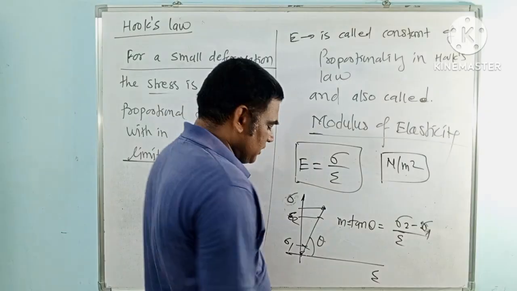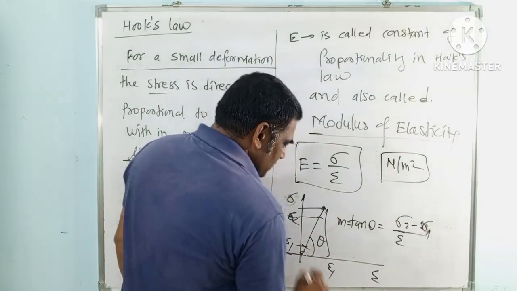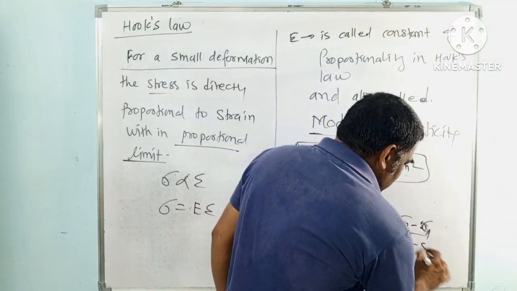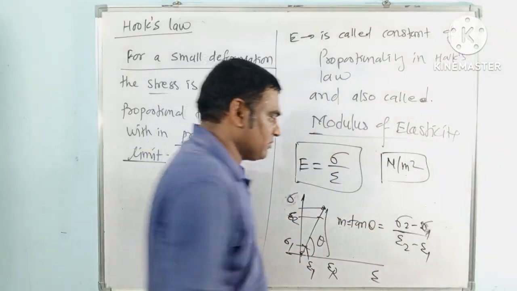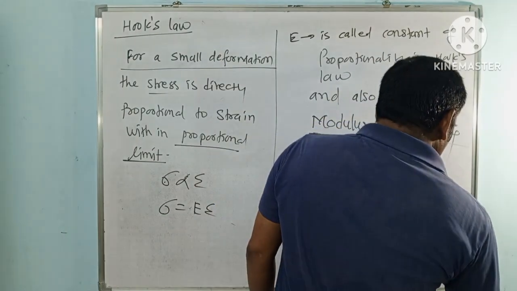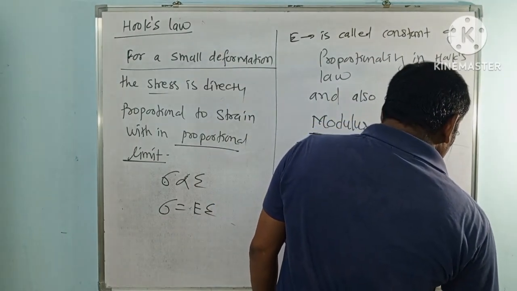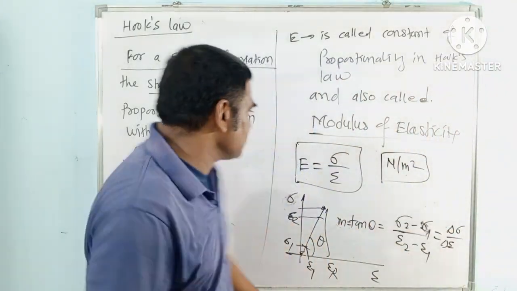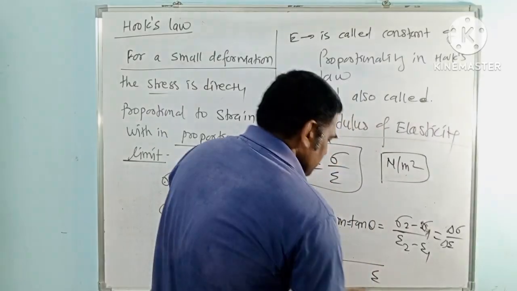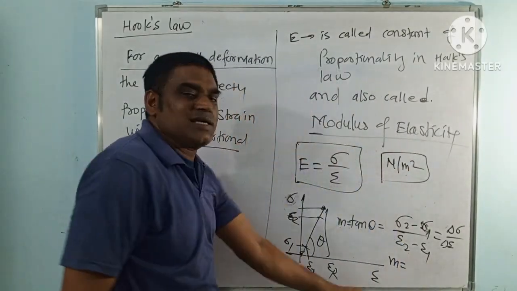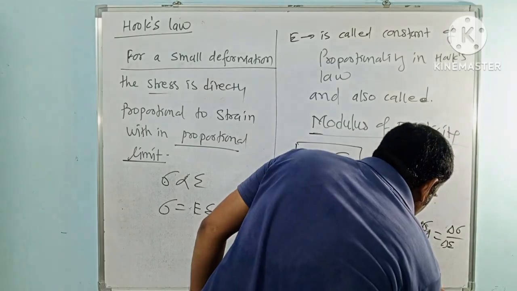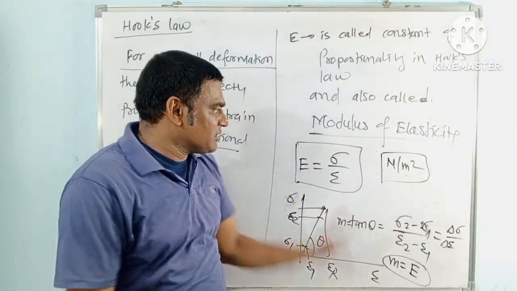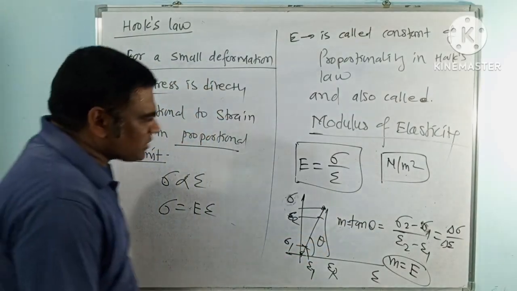So it is change in stress divided by change in strain, and stress by strain is the modulus of elasticity. So the slope of the stress strain graph gives the modulus of elasticity. Tan theta is equal to modulus of elasticity. Clear? Simple?